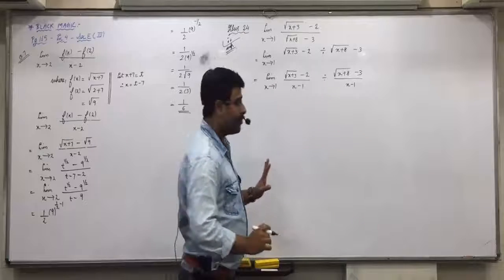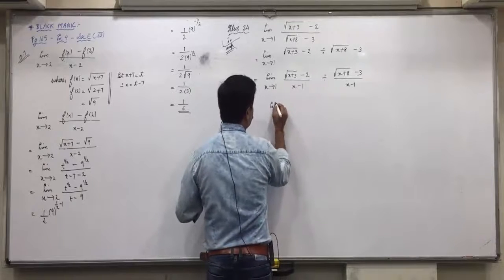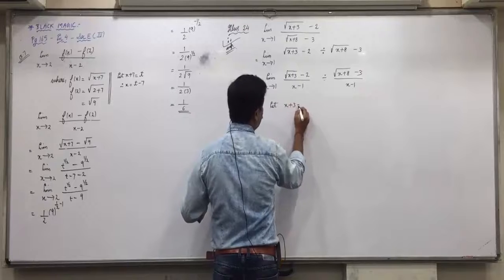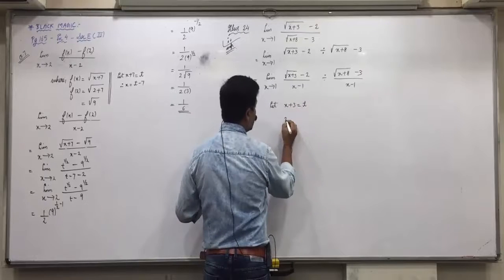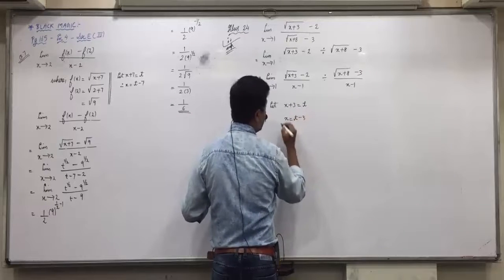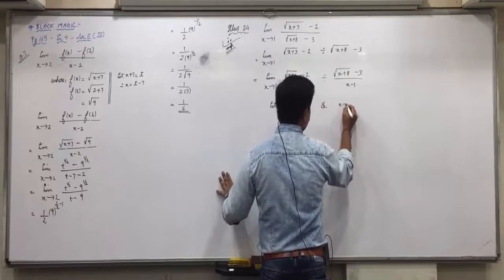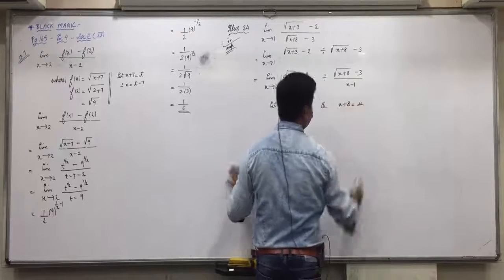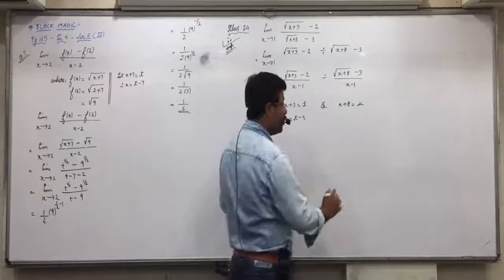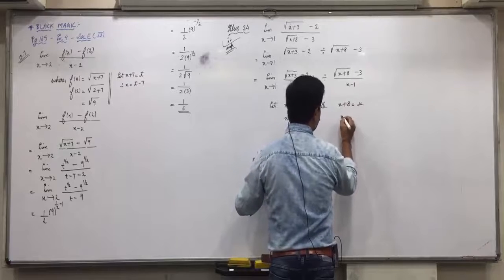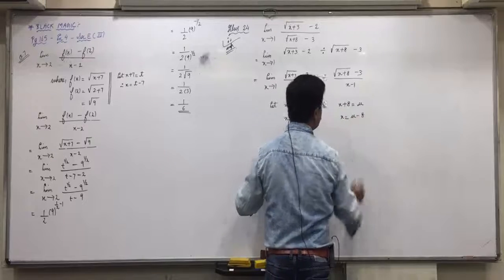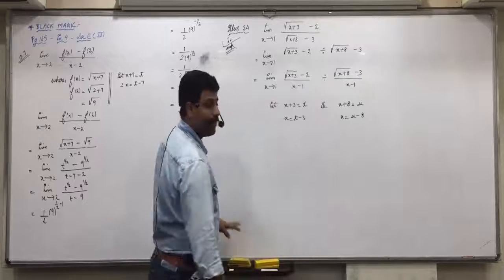Yesterday we practiced that. Now let x plus 3 equal to t, so x will be equal to t minus 3, and let x plus 8 equal to u, other than t, u. So x will be equal to u minus 8. Okay?